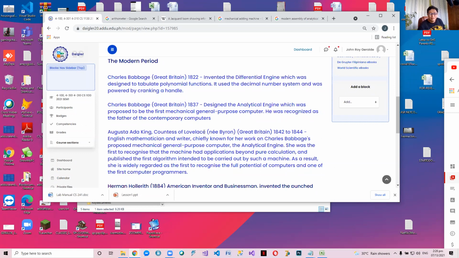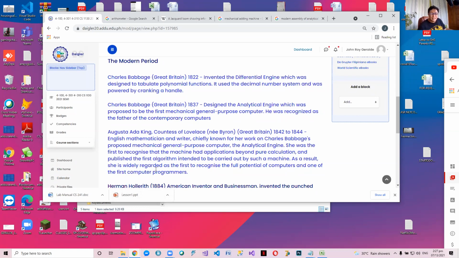Do you follow? Ang sabi niya, in fact, Augusta Ada King wrote algorithms that are purposely designed to be carried out by the analytical engine. Sumulat siya ng algorithms. And in so doing, she was actually programming the analytical engine. She wrote the first programs that were supposed to be run by it.